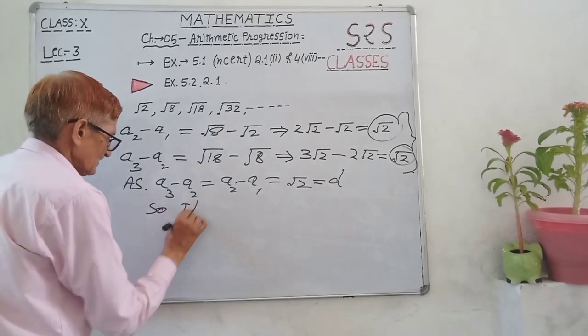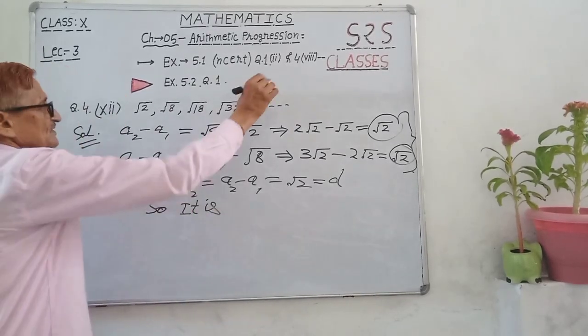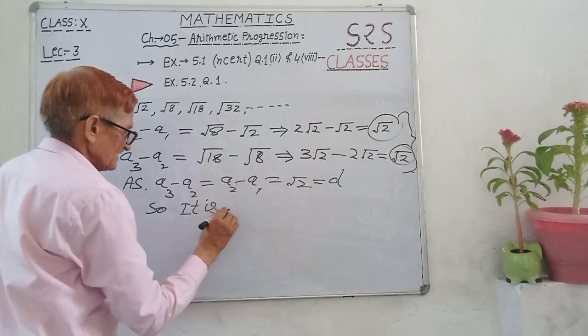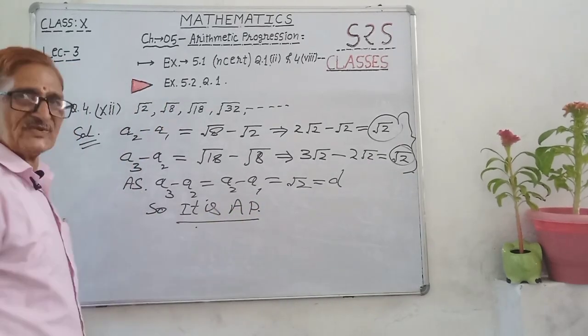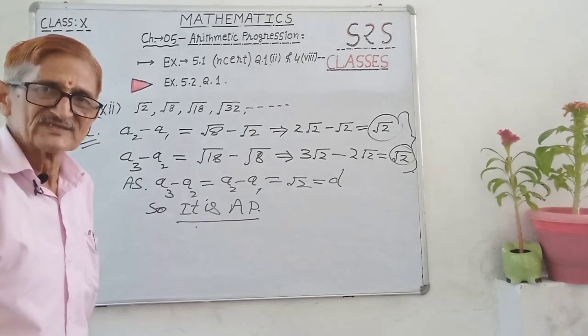So this sequence, list of the number, it is AP. It is AP. Done. Common difference same, then AP.